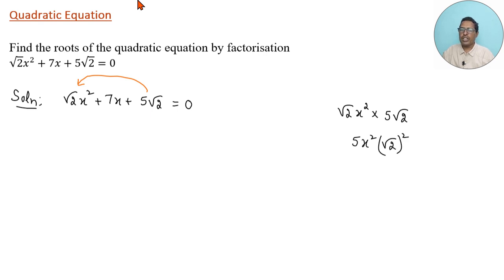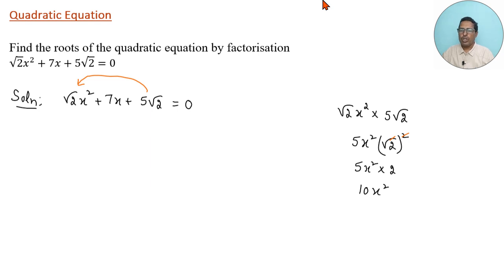Root 2 into root 2 will be root 2 square. We can observe that the root and square will cancel out, and we get the value to be equal to 5x square times 2. If we multiply this, you'll be getting 10x square. So root 2 x square into 5 root 2 is nothing but 10x square.